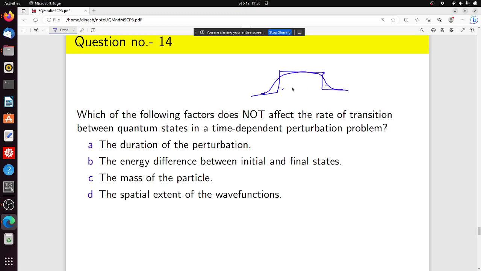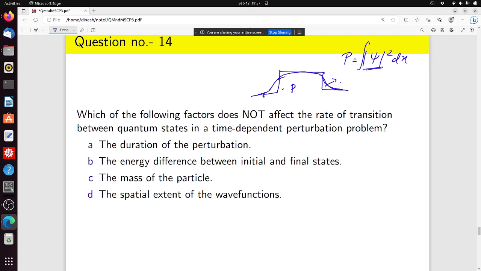Initially, let's say the particle is inside this potential, but it is described by this wave function. And what is the probability? Probability is nothing but the integration of this wave function mod square, of course. So if the function is of this form, there is a non-zero probability of finding this particle outside of this potential.